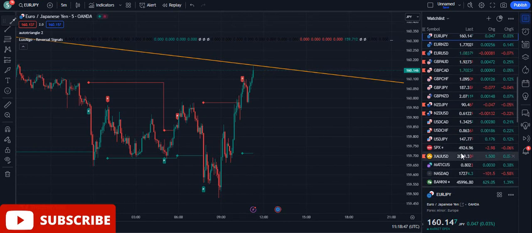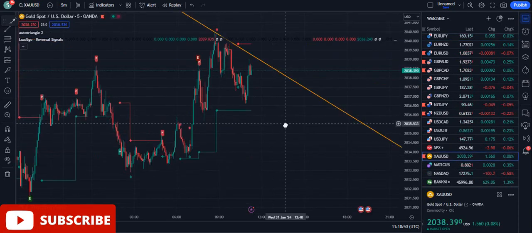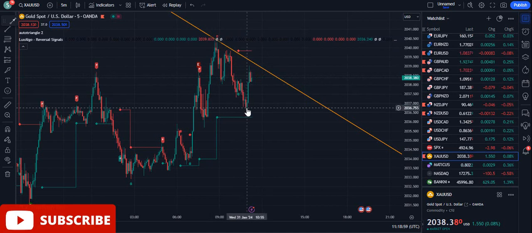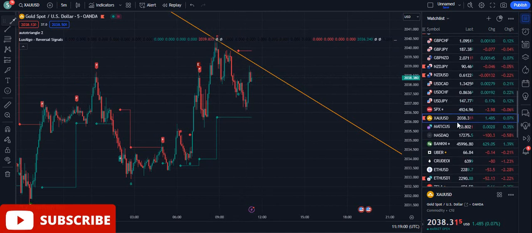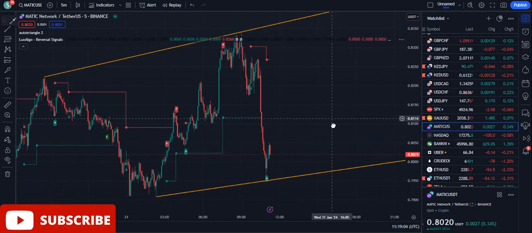For example, let's have a look at gold. Already we have the reversal signal, and the market also almost hit the trend line. This was a good signal, and you can see the price is down. Overall, I recommend you use this indicator with proper care and with the trend following method.